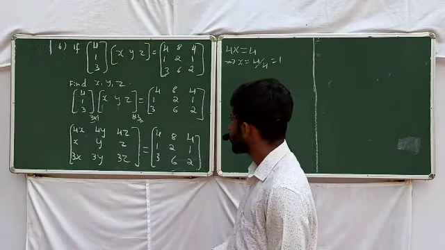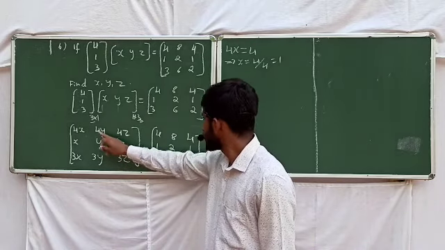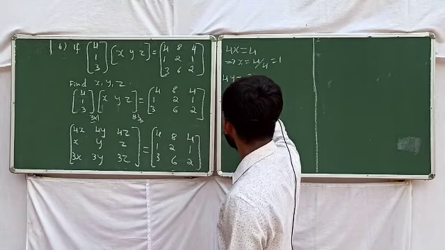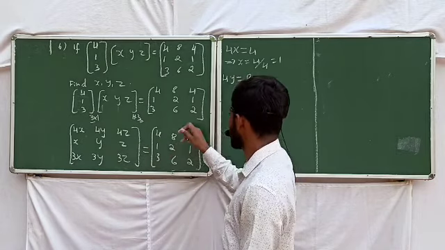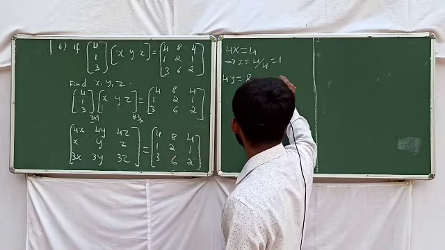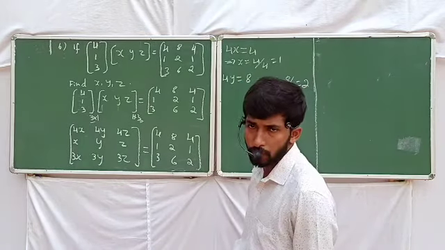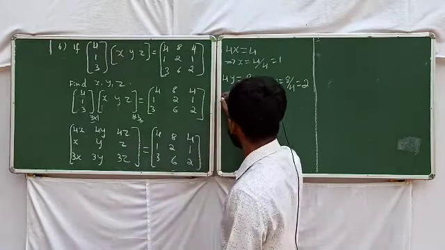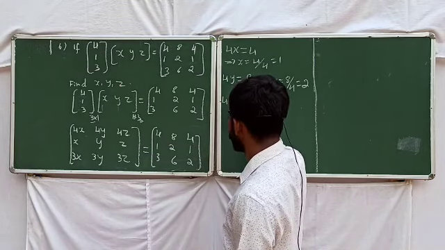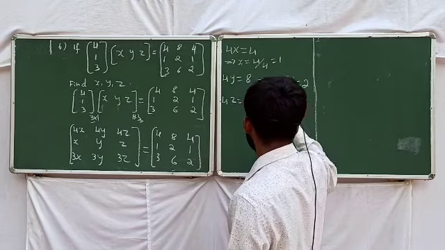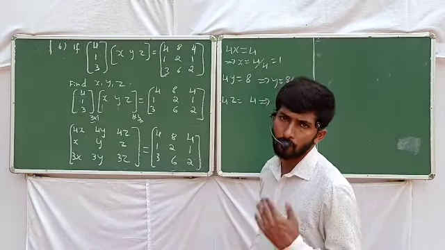Then y value: 4y is equal to 8. That implies y is equal to 8 by 4, it's equal to 2. Then 4z is equal to 4. That implies z value is equal to 4 by 4 equal to 1.